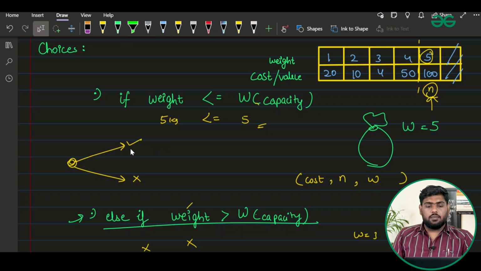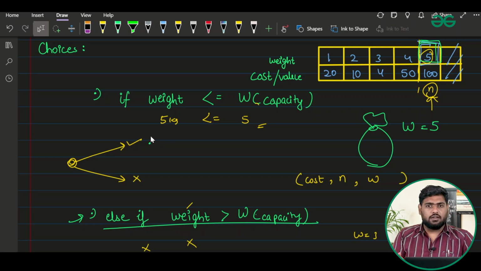Let's say once I am making a selection, that means I am considering this 5, and because we are following the unbounded approach, I can make one more selection of this 5 the next time too. So it is not that once I've chosen 5, I'm never going to choose it once more.